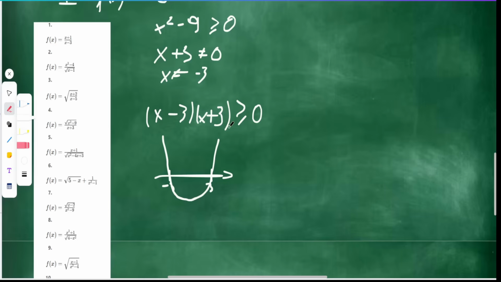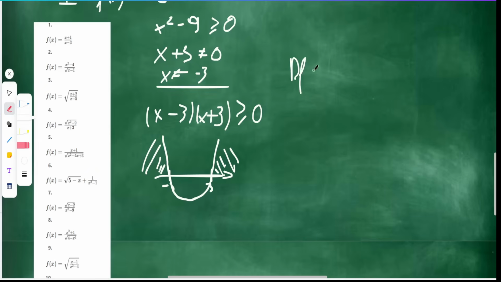We're looking for x's that are greater than or equal to 0. These are these intervals, these parts of the graph. That is from minus infinity to minus 3, and from 3 to infinity. And closed on 3, but remember that minus 3 may not be closed.